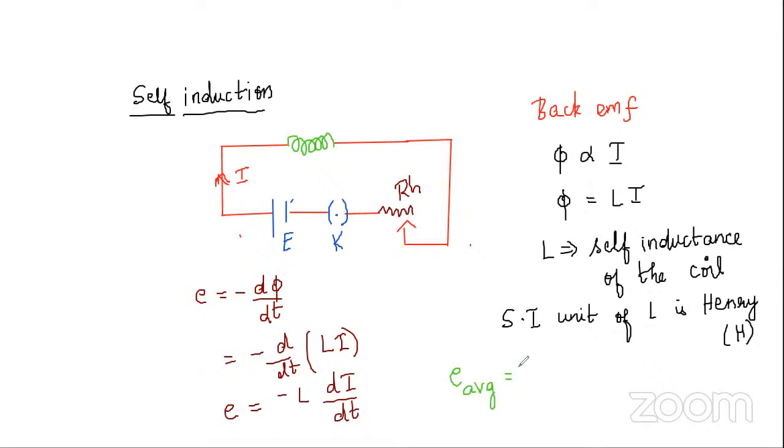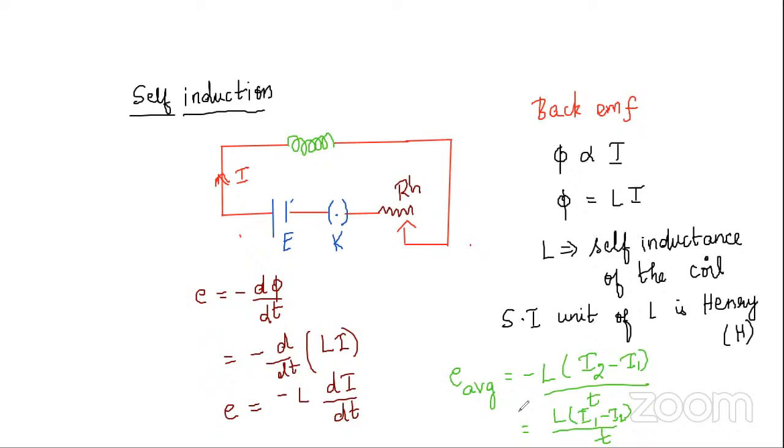Average EMF equal to minus L into I2 minus I1 divided by t. So that will be L into I1 minus I2 divided by t. This is the average value of the EMF in the coil.